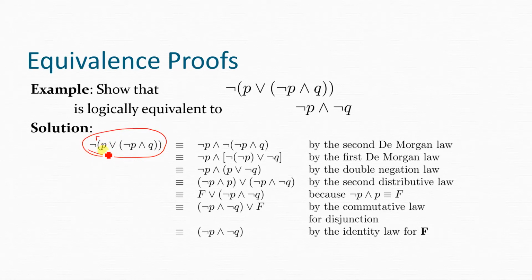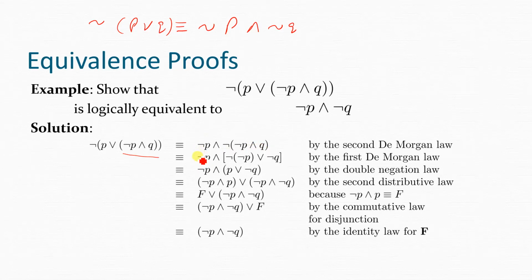Now in this case, your first proposition is negation P, there is an or in between, and the second proposition is negation of P and Q. We know that negation of P or Q is equivalent to negation P and negation Q. So by using De Morgan's laws, we have negation P, that is negation of the first proposition used in this compound proposition, and the or will be replaced by and, and then negation of the second proposition, negation of negation of P and Q.